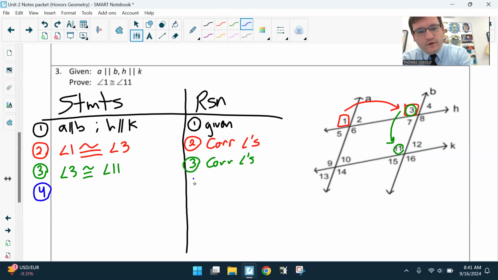All right. So now, step 4, keep in mind, what are we trying to do? We're trying to get from 1 to 11. So we went from angle 1 to angle 3, and then we went from angle 3 to angle 11.